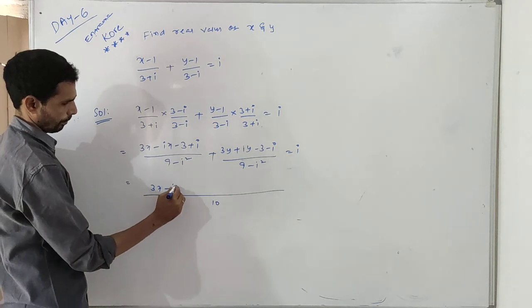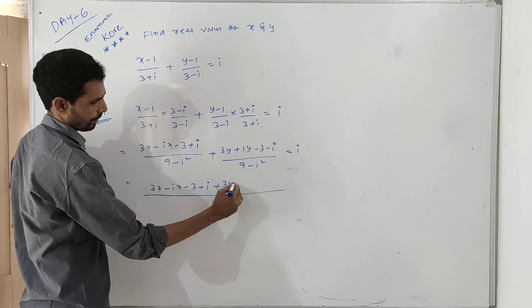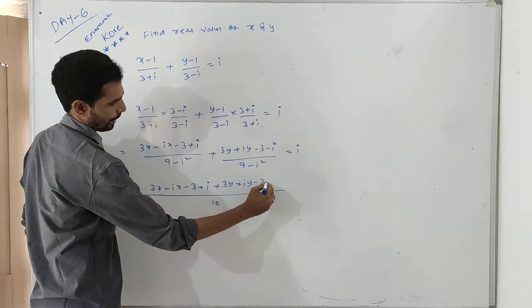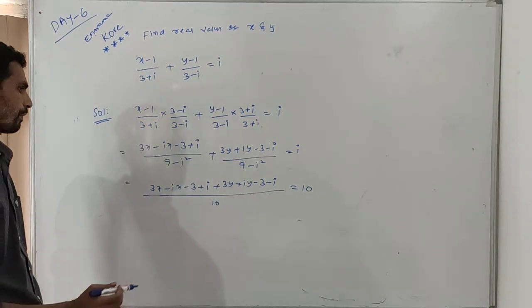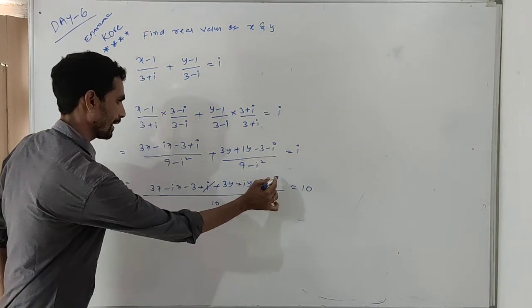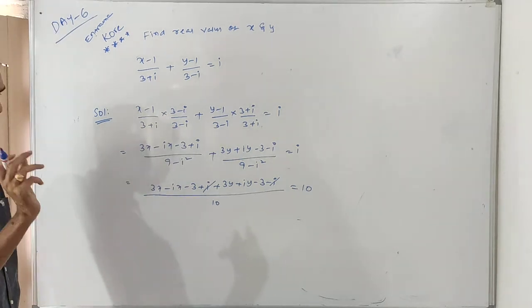Remaining here: 3x minus ix minus 3 plus i plus 3y plus iy minus 3 minus i is equal to 10i. What is the common value here? Minus i plus i gets cancelled. What is the real part? Real part means without i parts.